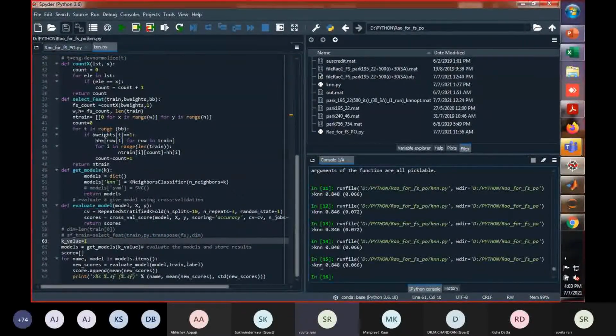Now you see the score, the accuracy with the k value 1 is 84.8, or 0.8. If we describe it on a scale of hundreds, it is 84.8, and if on a scale of 0 to 1, then 0.8. If we change the value to maybe 3, then what is the value?